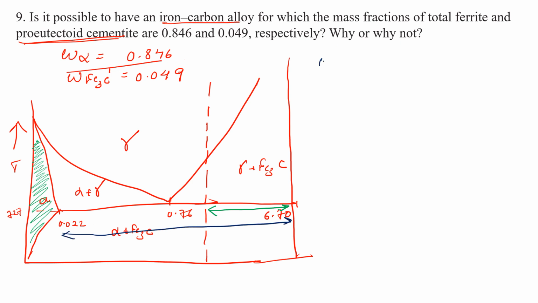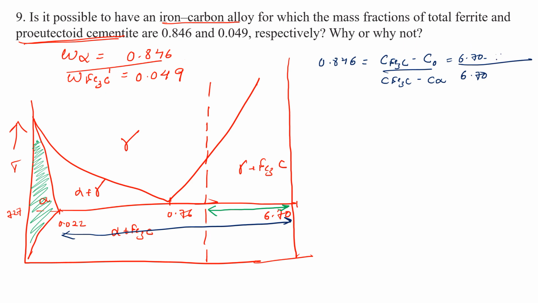So 0.846, which is given to us, is CFe3C minus C0 divided by CFe3C minus C alpha, which is 6.70 minus C0 divided by 6.70 minus 0.022. Sorry, C alpha is 0.022. C0 is what we don't know.